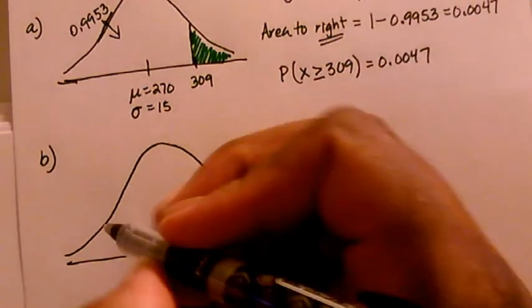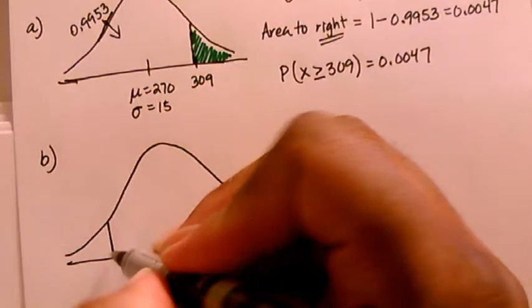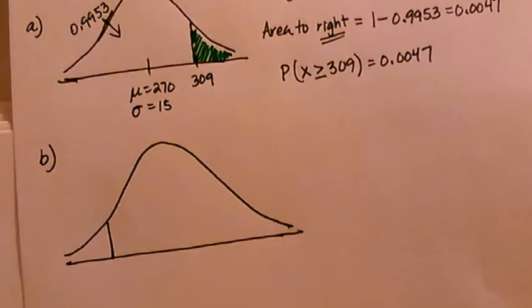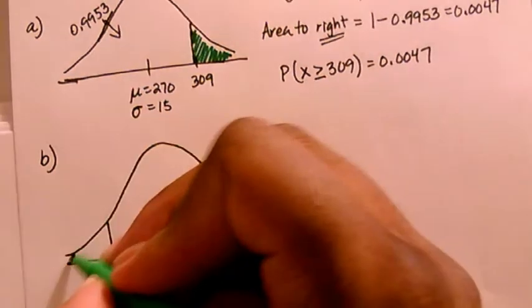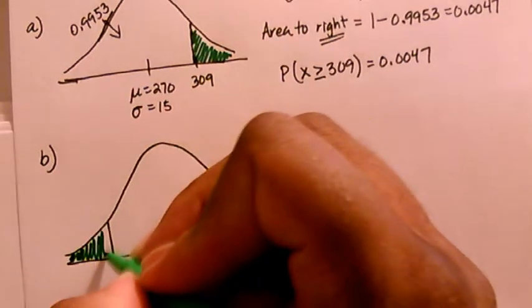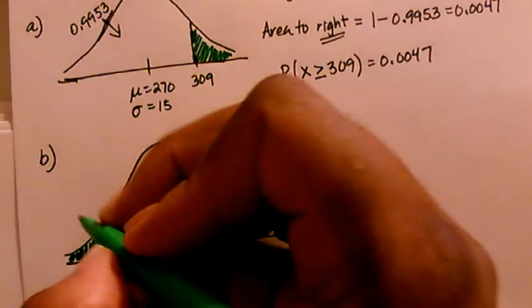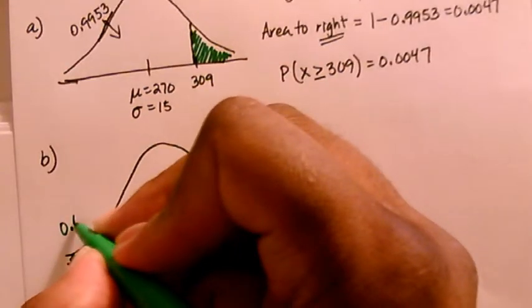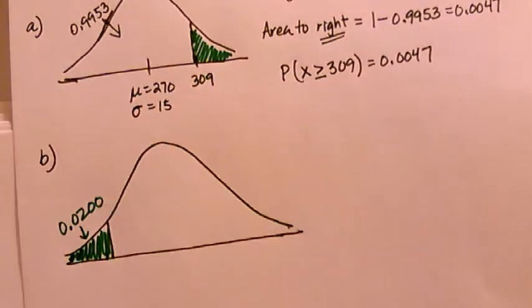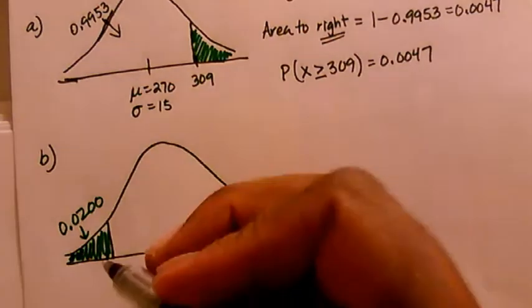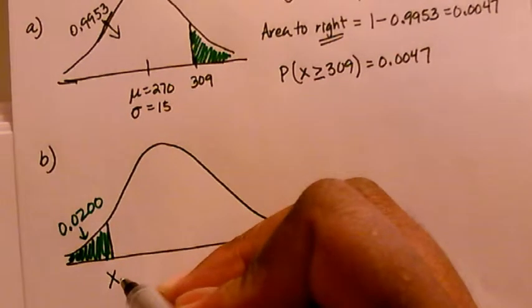The lowest 2% will be on the left-hand side. So this area on the left-hand side represents the lowest 2%. So in this case, 2% is 0.0200 to 4 decimal places. And this x value is what we're trying to find here.